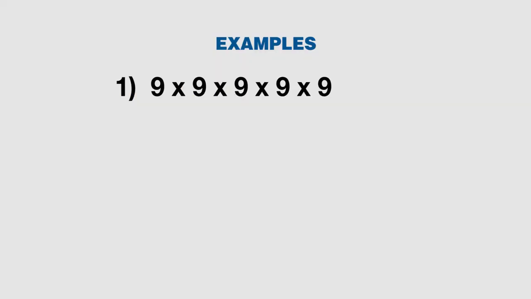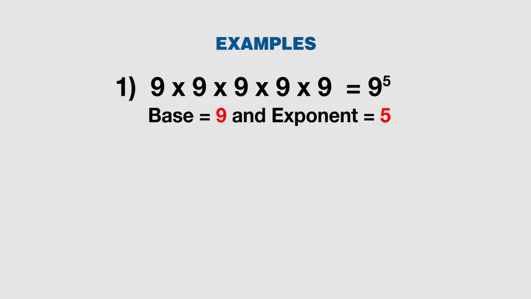Now let's write the following numbers or letters in index form, and in each case, identify the base and the exponent. Example 1. We have 9 times 9 times 9 times 9 times 9. I'm sure you've got the answer. It is 9 exponent 5. The base is 9 and the exponent is 5.